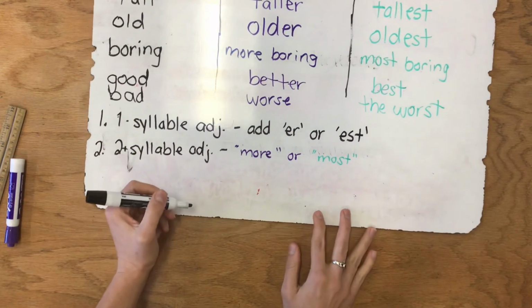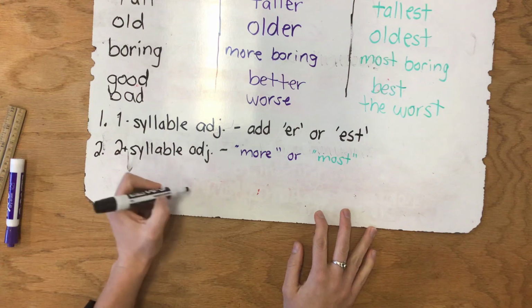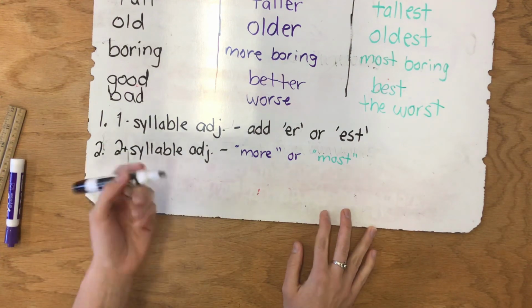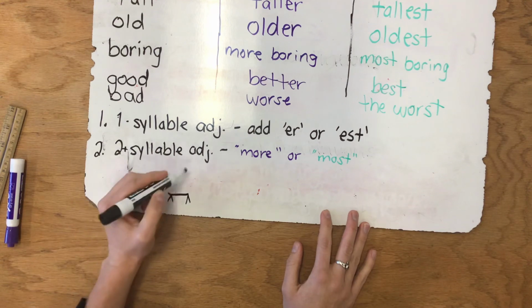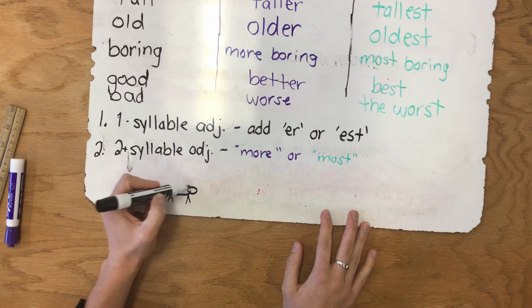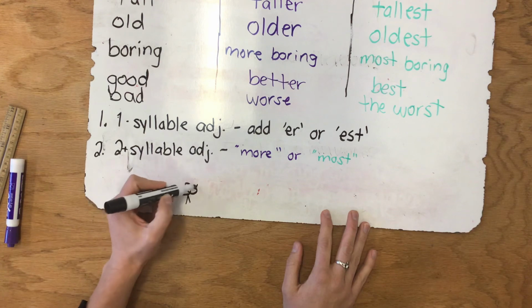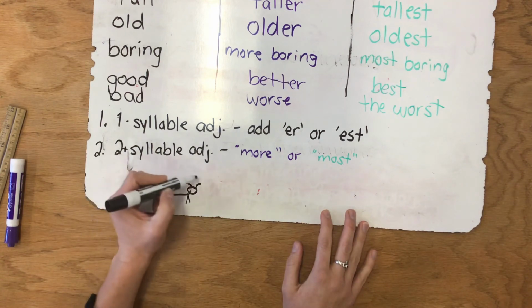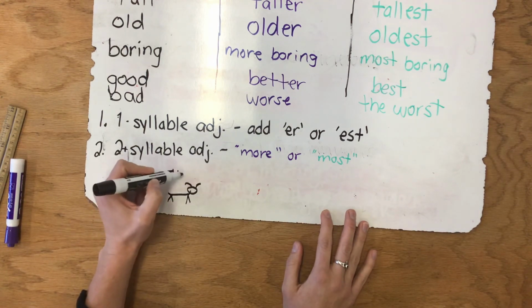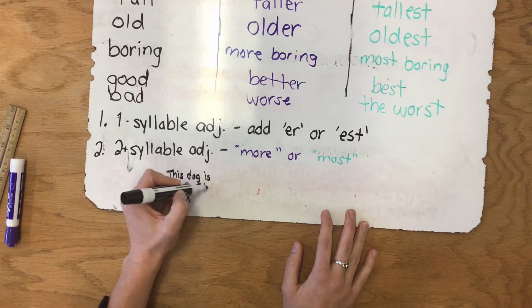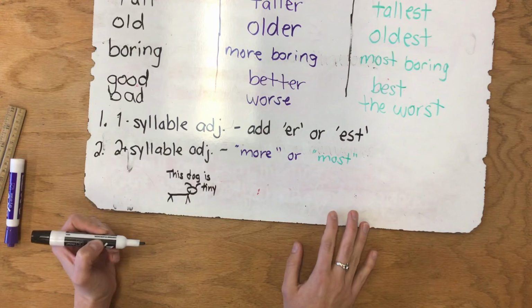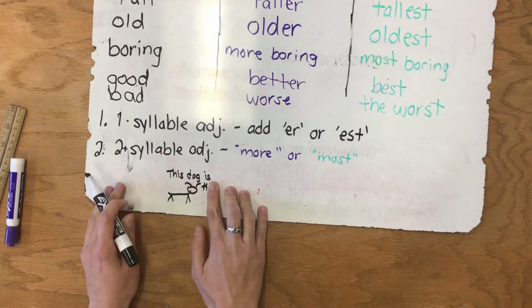Okay, I'm gonna draw stick dogs just for the sake of time here. Maybe you have this dog is tiny. Let's use the word small.